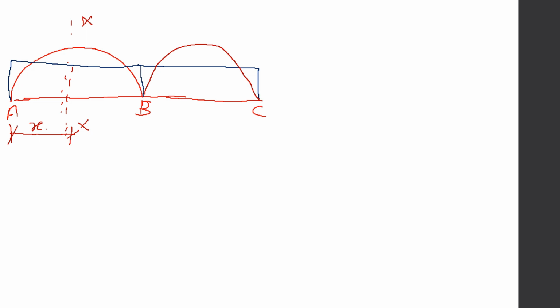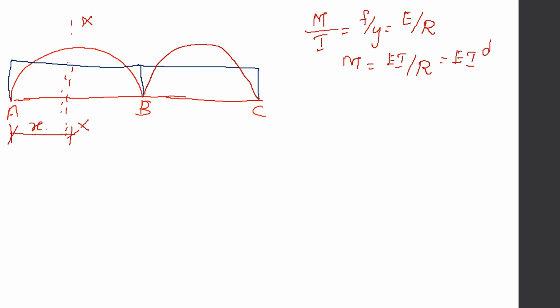Now we know from the equation of bending, M by I is equal to F by Y is equal to E by R. Therefore, M is equal to EI by R. And from this we get M is equal to EI into d²y by dx².